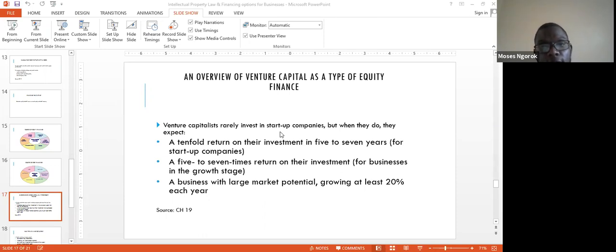That's for businesses that are startups. Then if you're in the growth stage, they're expecting to get 5 to 7 times their return on investment within the same period, within 5 to 7 years.